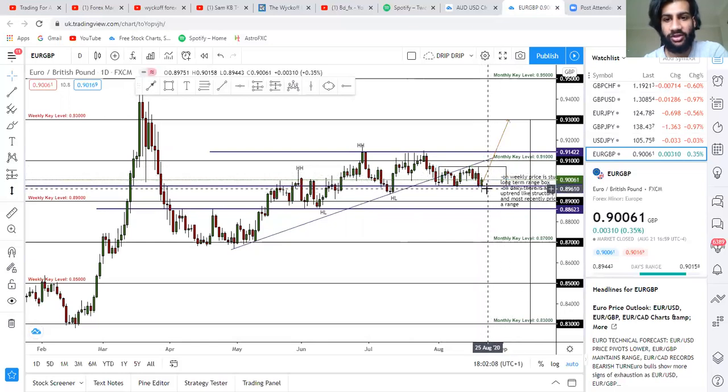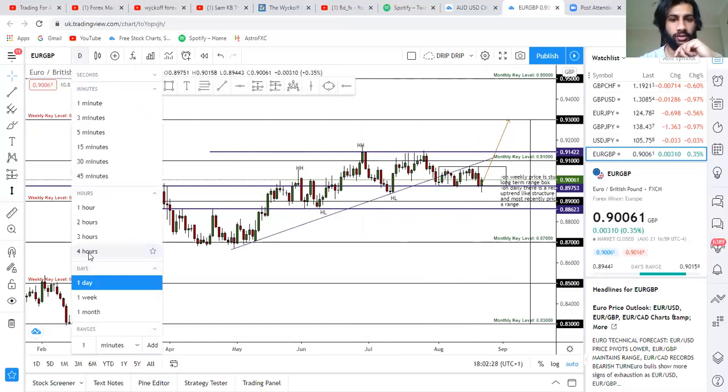I feel like that's a sign for me to enter for a long, right? It's a false breakout of the trend line, a rejection of the support, and the uptrend structure still stands. That's good enough confirmation for me to enter a long on this. What I'll do is wait for price to play out tonight.